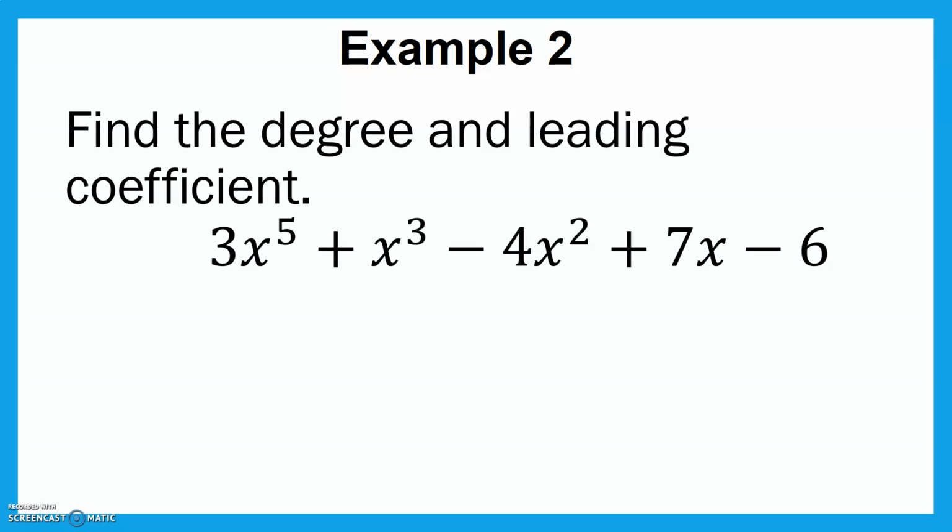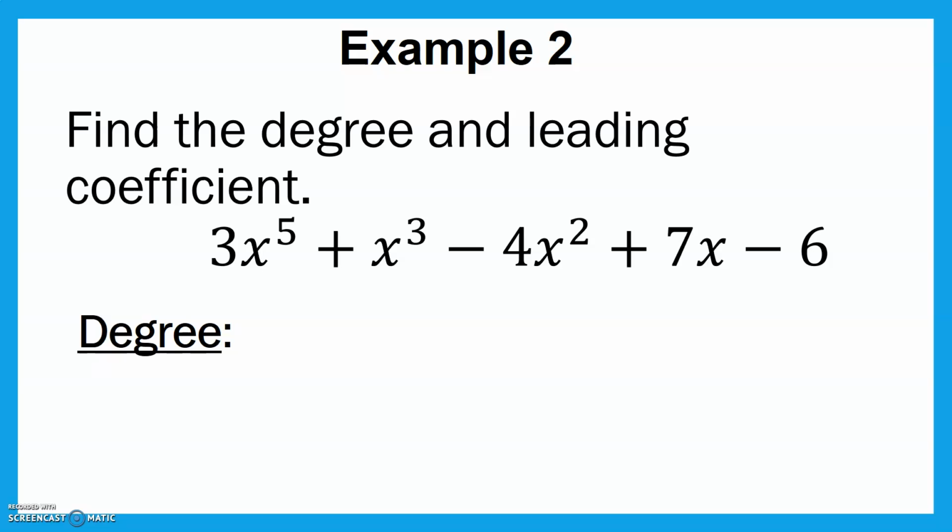All right, example 2. Now this is a polynomial because it has multiple terms, with things being added and subtracted. And this one is already in order from greatest exponent down to least: 5, 3, 2, 1, and then no exponent. So we're going to find the degree and the leading coefficient.